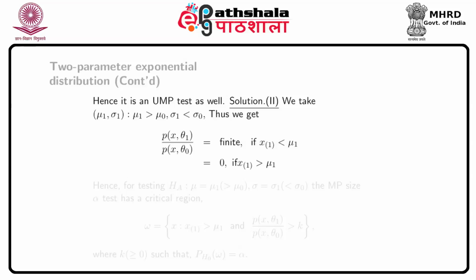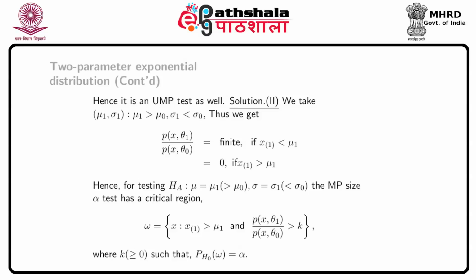Next, consider the solution of problem 2. We take mu 1, sigma 1 to be such that mu 1 is greater than mu naught and sigma 1 is less than sigma naught. Thus, we get p_x(theta 1) divided by p_x(theta naught) is equal to a finite value whenever x order statistics is greater than mu 1, and 0 if x order statistics is less than mu 1.